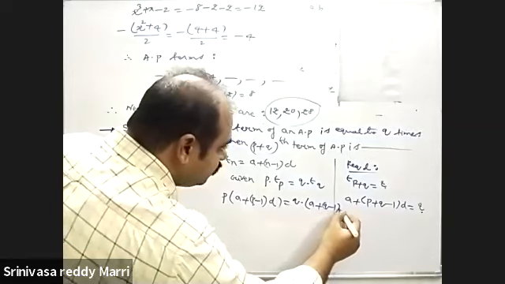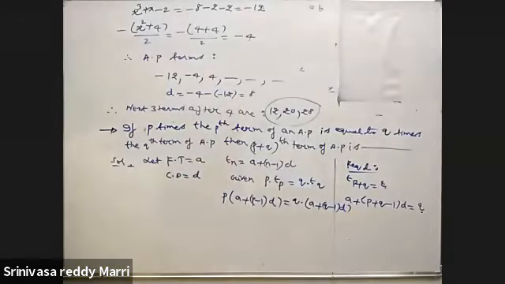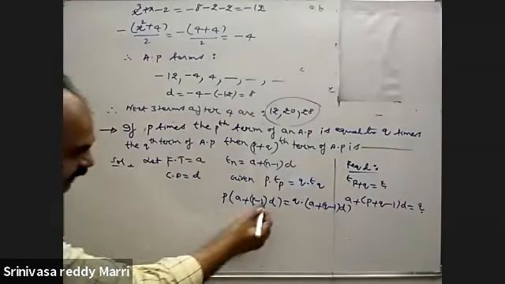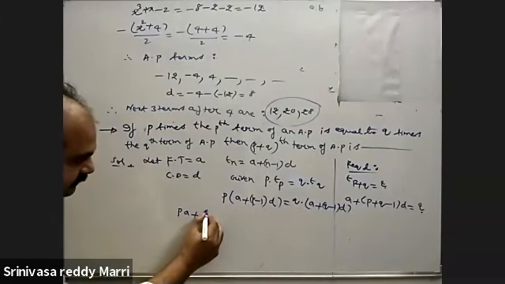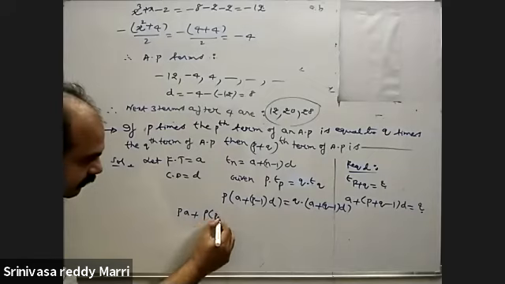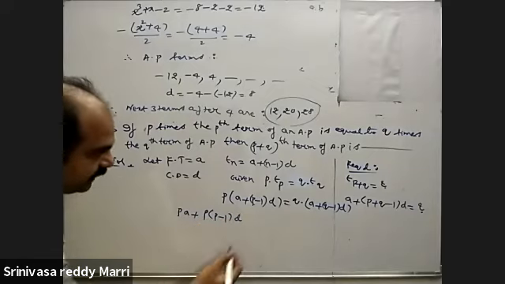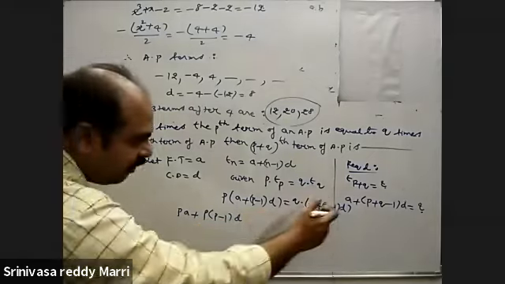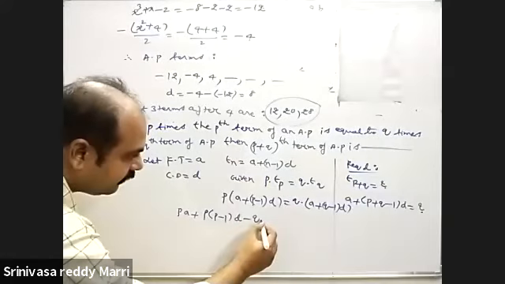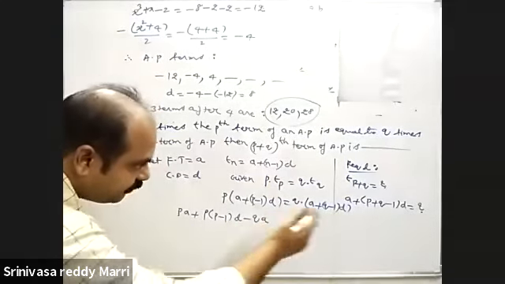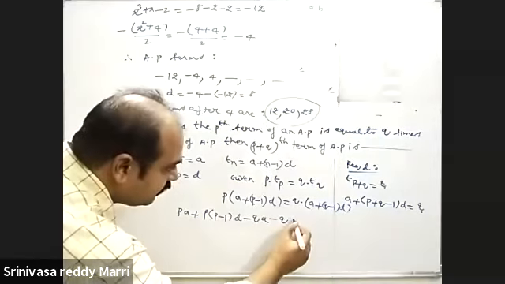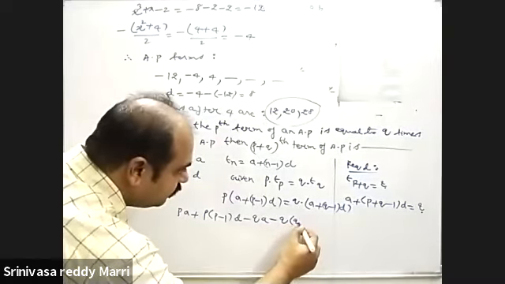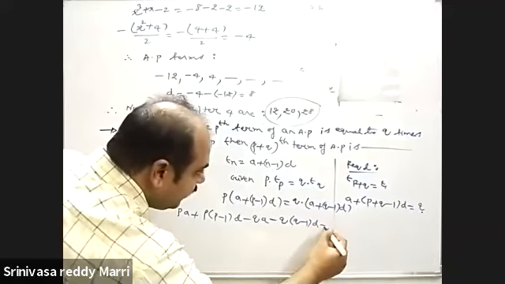A plus Q minus 1 into D. That is given. Now I am multiplying: PA plus P into P minus 1 into D, bringing all of this to the LHS, minus QA minus Q into Q minus 1 into D equal to 0.